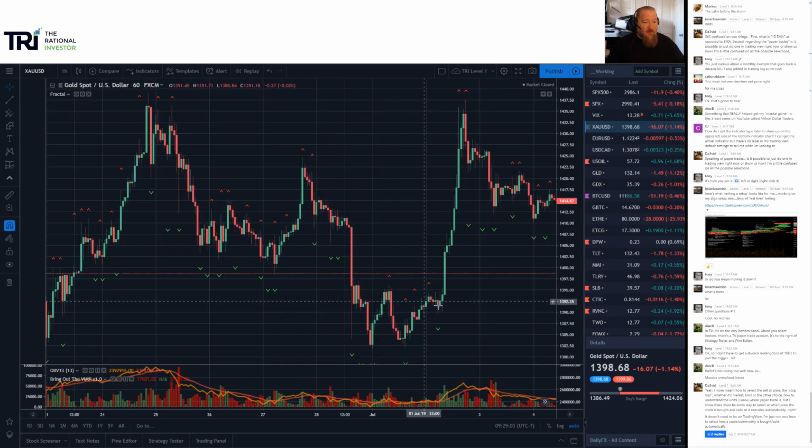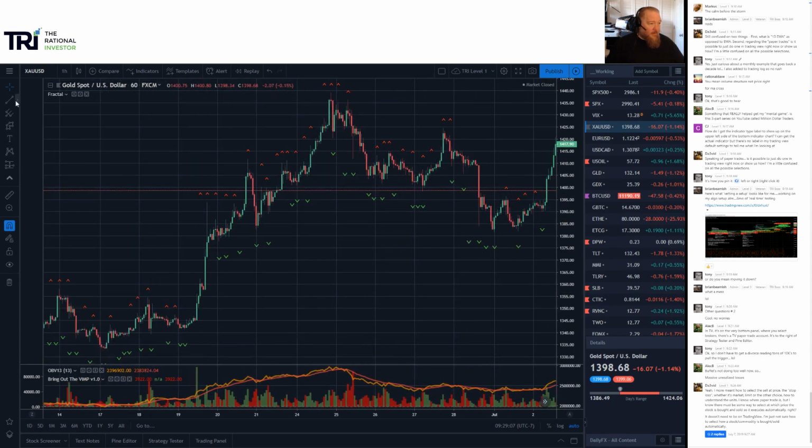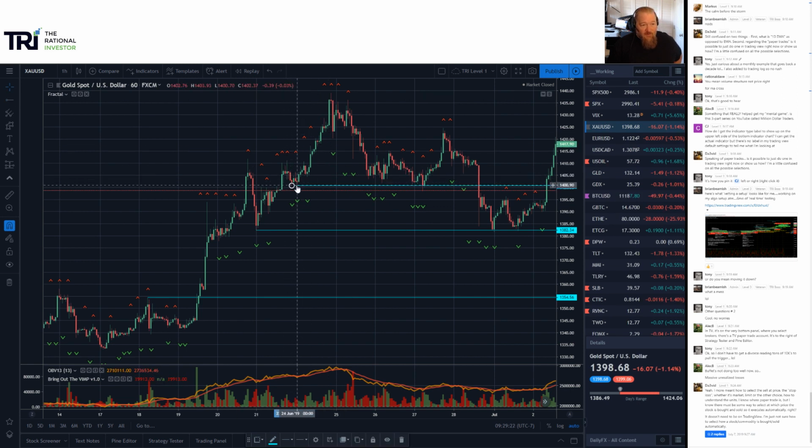So if I was in a trade, say I got in down here, just as an example, I would keep track of the lows as they came in. I'd look for the next higher low, and then the next higher low. Once this low confirmed, I would move my stop to this point. Then when we got another higher low here, I would move my stop to this point, right?